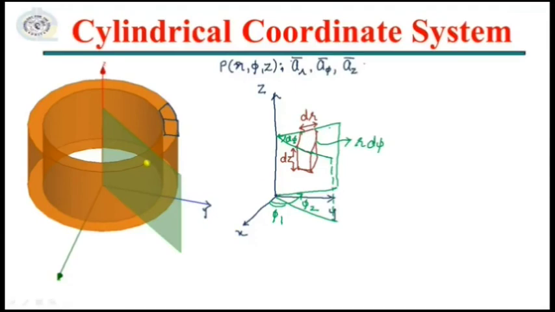Arc length will be r d phi. Why r? Because this is the radius that we have been talking about. So r into d phi, so r d phi. Fine. So now we will include our differential lengths as well. We defined dr, we defined r d phi, and we also defined dz.